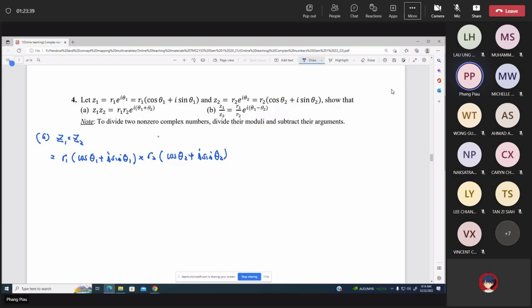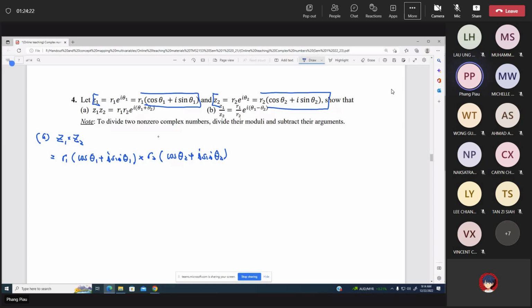So in this step of calculation, what we do is nothing but replace Z1 and Z2 with these forms. That's the first proving step. We use polar form to prove the exponential form, since polar form and exponential form are equivalent.